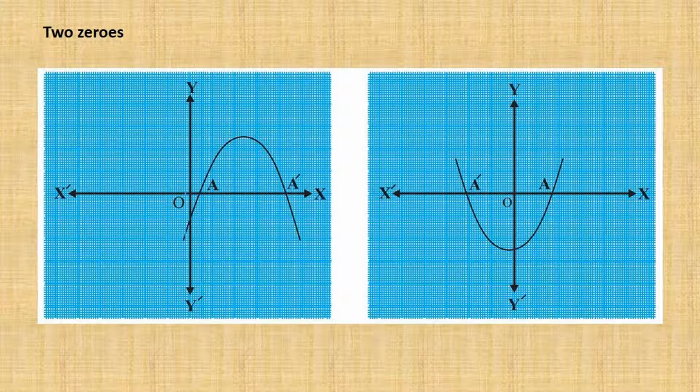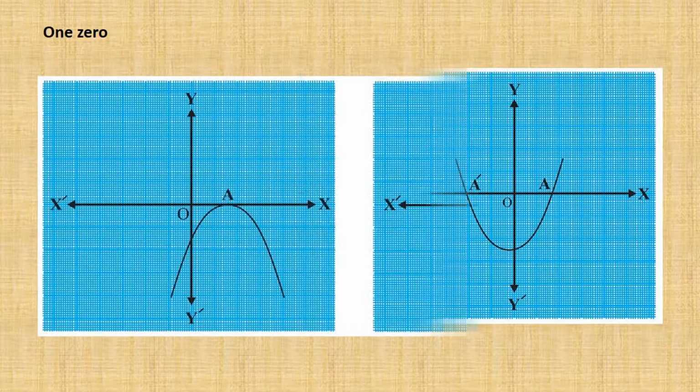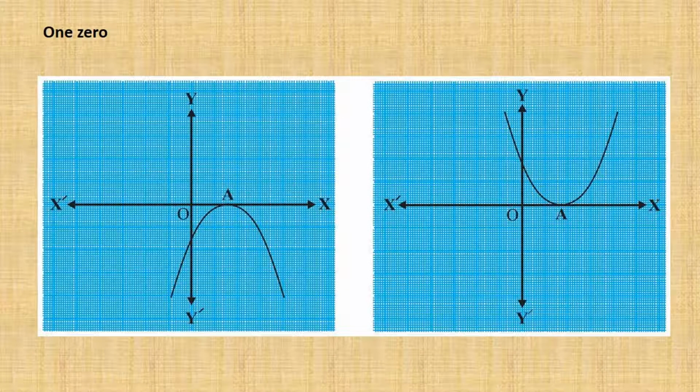And sometimes the graph may be like this. The tip of this curve may be simply touching the x-axis, so there will be only one intersecting point. In the picture you may see that it shares many points with the x-axis, but if you zoom in, you can see it touches exactly one point.